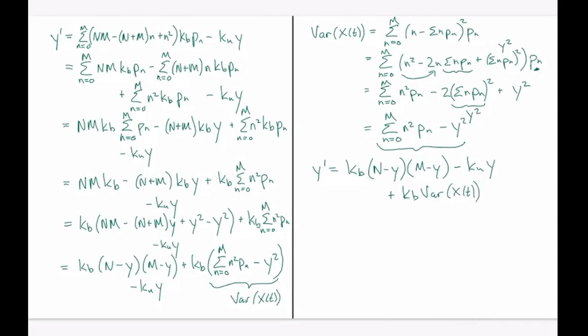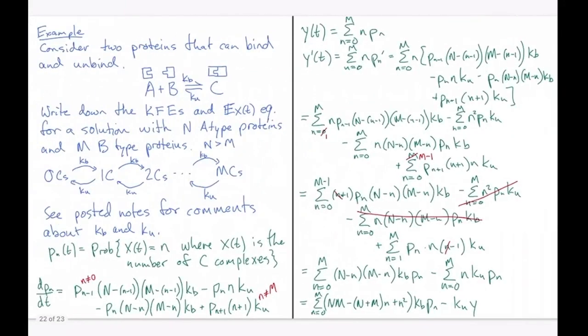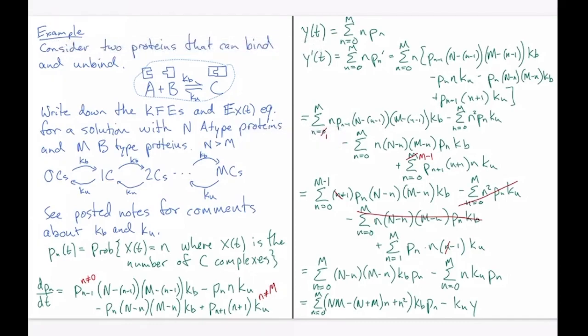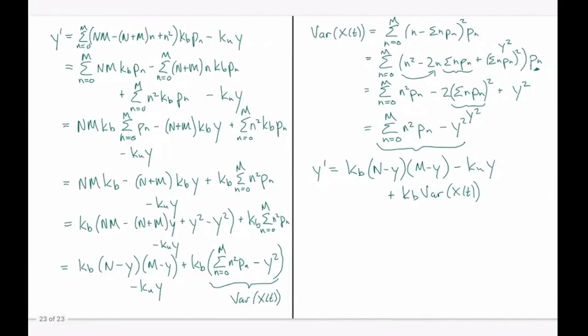Now, typically when you have a forward reaction like this one, that involves two proteins or two objects coming together and finding each other, people will write it in terms of concentration.